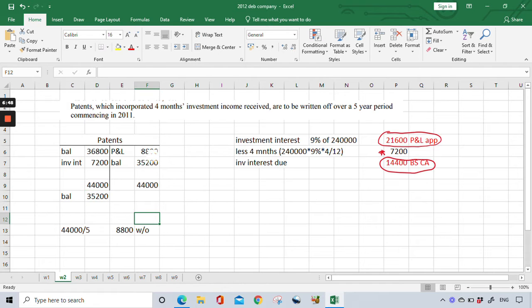The 8,800 is called patent written off, and that is an admin expense. Put that in red. And down here, my 35,200 is my intangible fixed asset, patents. Okay, so circle that. Patent written off, patent in the balance sheet.